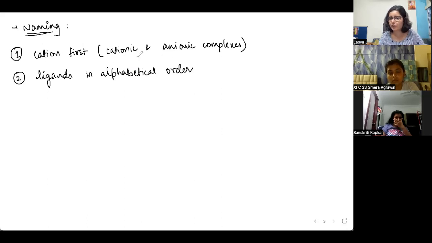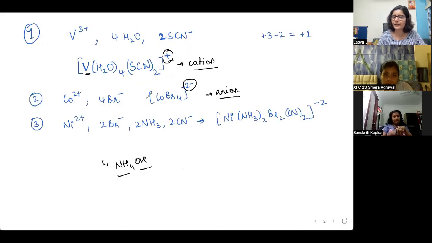If it's a cationic complex, you'll have the complex name, and then chloride, bromide, sulfate, whatever it is. If it's an anionic complex, whatever cation there is, suppose it's a potassium cation, you'll say potassium and then the complex name.